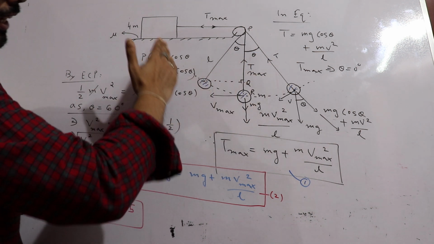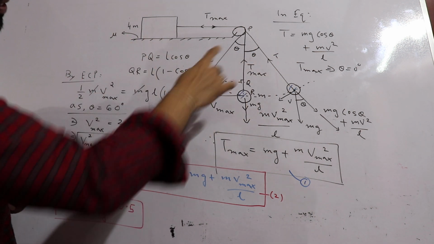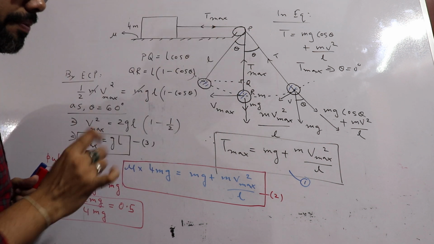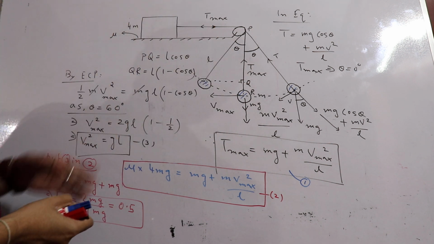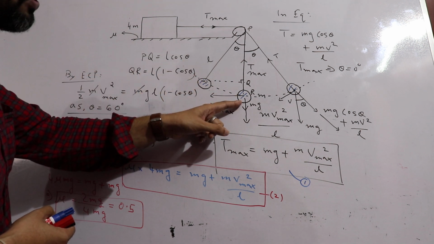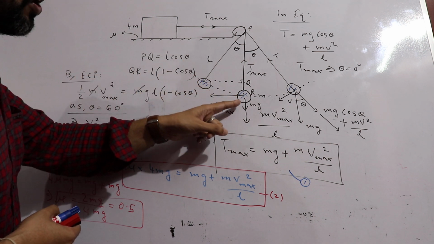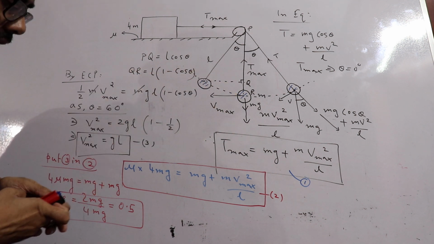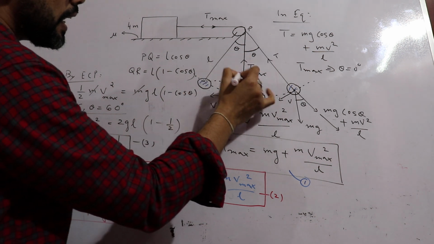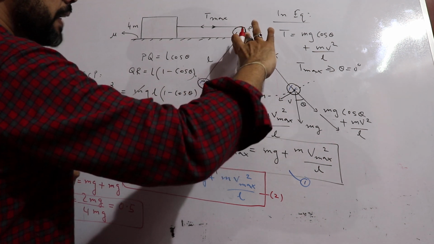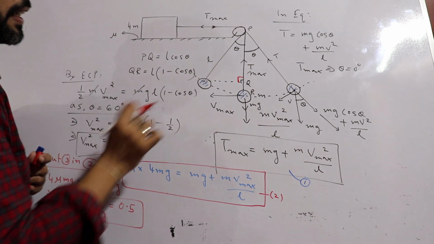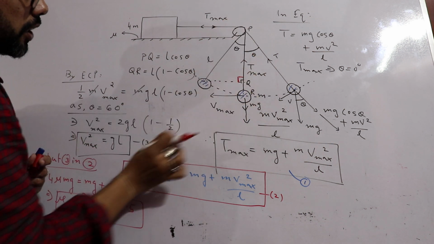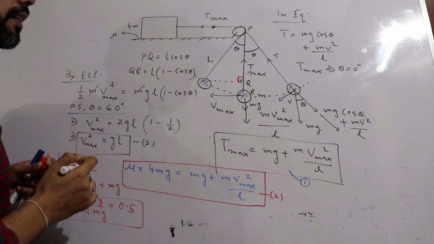Now when the bob is swinging during its journey, when it makes any arbitrary angular amplitude theta at any instant of time, suppose it goes from the mean position to the extreme position, it gains a vertical height of QR, that is L into 1 minus cos theta. Please see this, cos theta is base by hypotenuse, so this distance is L cos theta, and the total length is L, so QR is L into 1 minus cos theta, right?